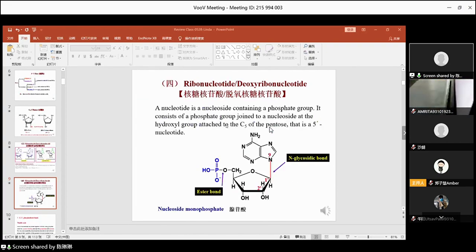And the next definition is about the ribonucleotide in RNA and the deoxyribonucleotide in DNA. In this compound, a nucleoside is connected with a phosphate group, right? So the nucleotide is a nucleoside containing a phosphate group, and the connecting bond is called the ester bond.